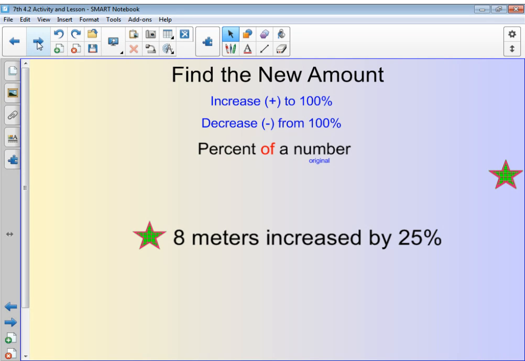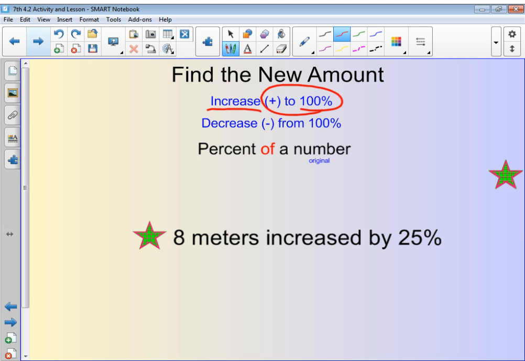So the key thing to remember is, in this, we're going to be doing some increasing or decreasing in our very first step. So here we have if we had an increase, so if it told us that a number increased by a certain percentage, we're going to add. So if we had an increase, we're going to go ahead and add 100% to that original percent.